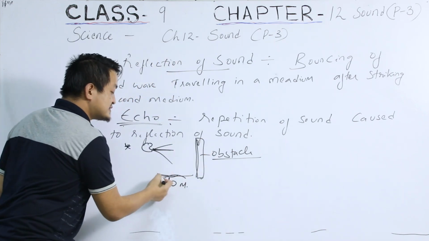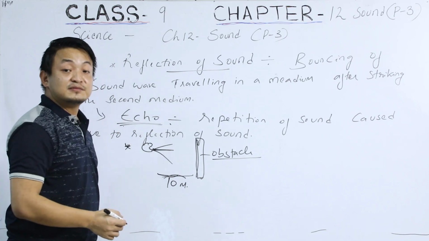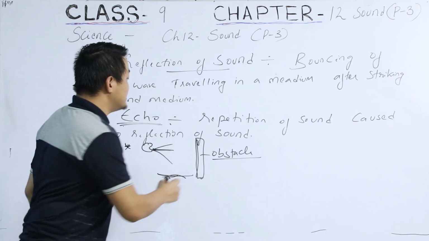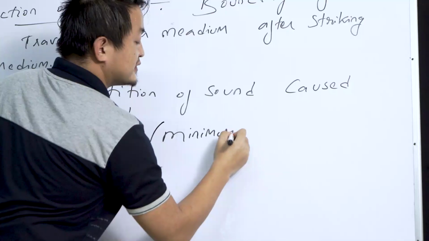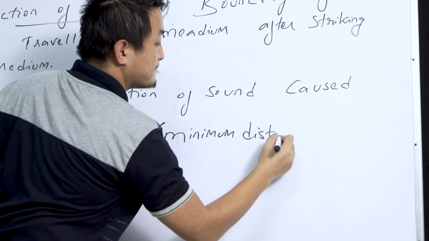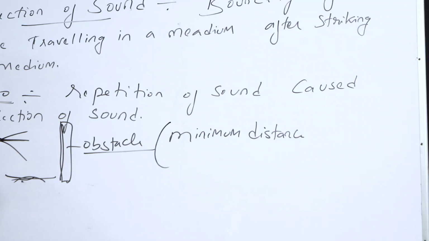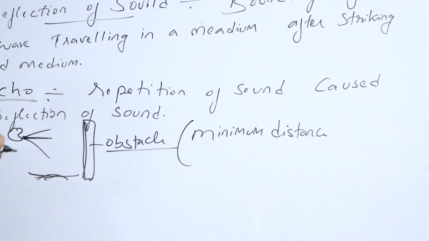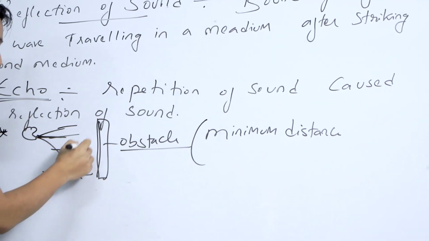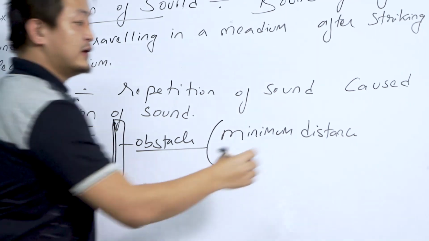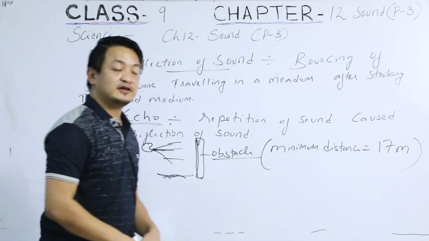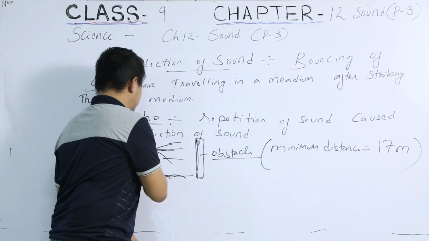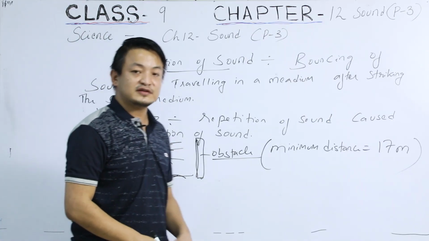Because the distance is less than 17 meters. So the minimum distance between the sound and the obstacle should be 17 meters. That is the first condition.